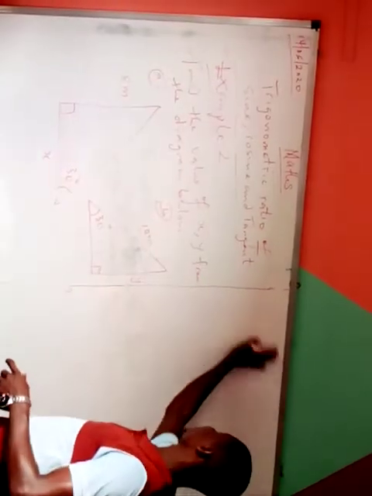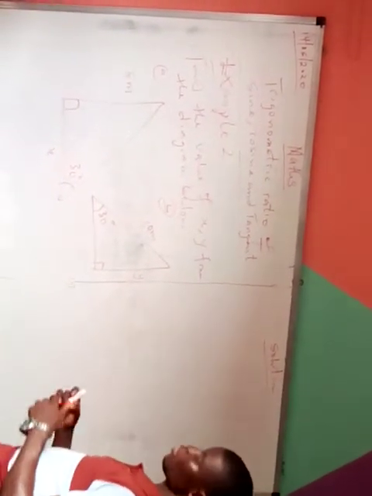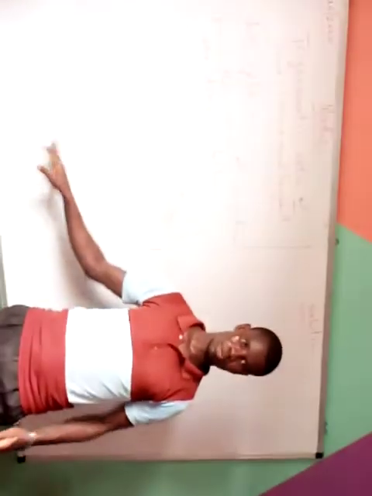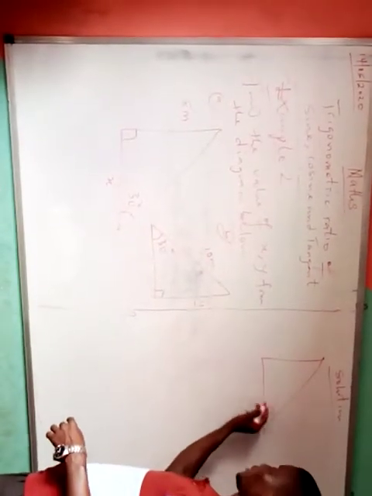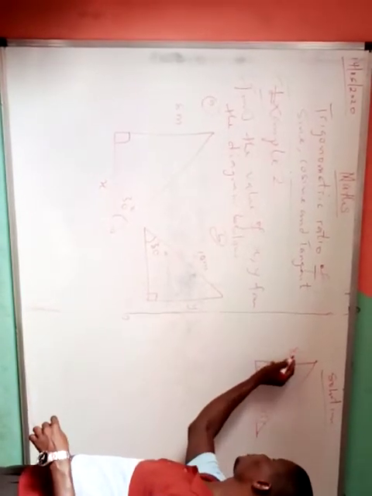Okay, for the first one, solution. For the first one, what is our unknown? Our unknown is the base, the x. How do you achieve that? You consider angle 30 degree, right angle, x, 8 meter.